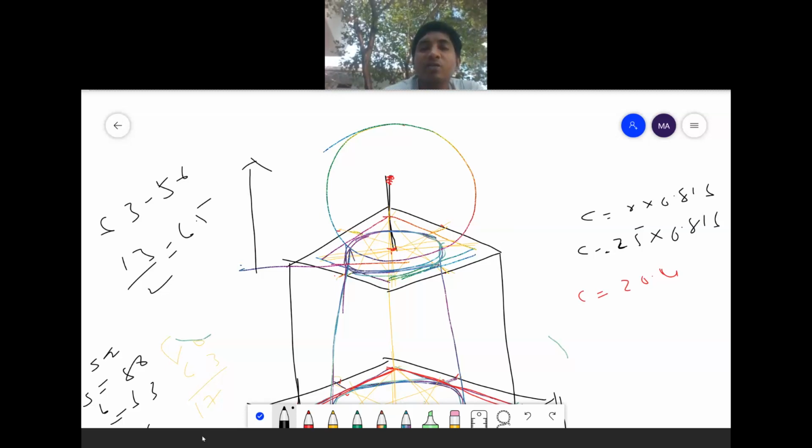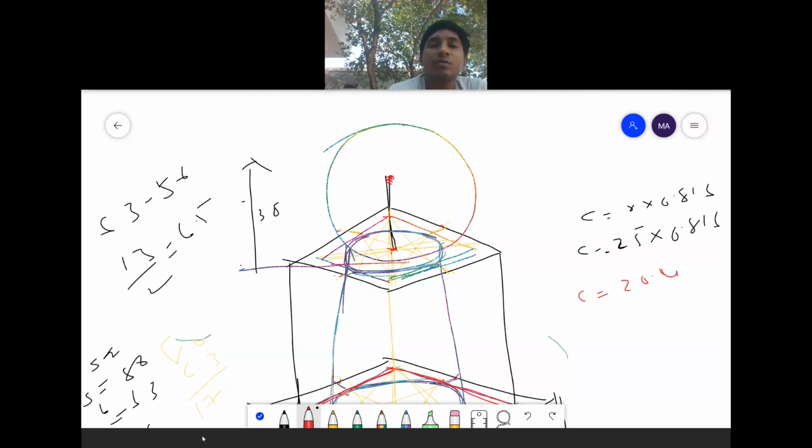From here to here, it is 25. Marking 38, at that point, I will take a yellow pen and mark a line here.